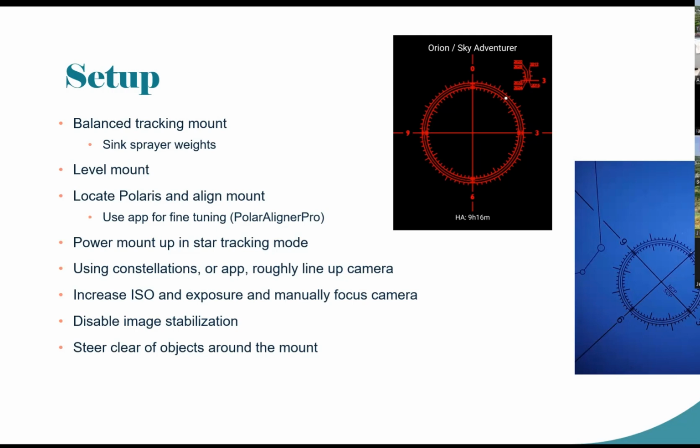So in order to get your highest level of accuracy there, it's best to use another app. I linked it here, Polar Aligner Pro. What this does is tell you exactly on that circle where you want to put Polaris for a given day in the season.